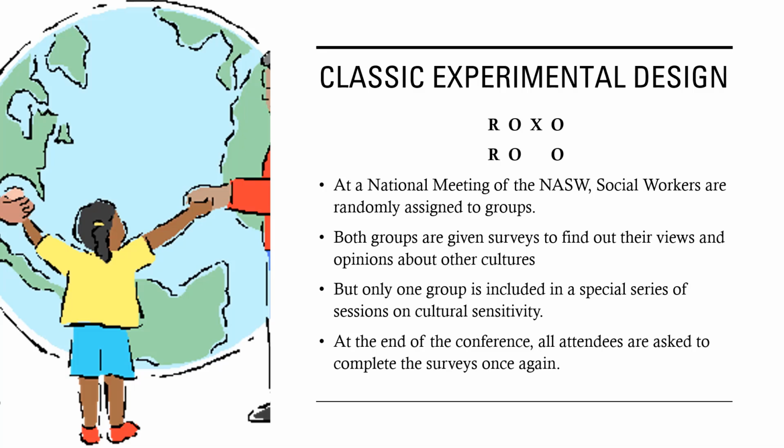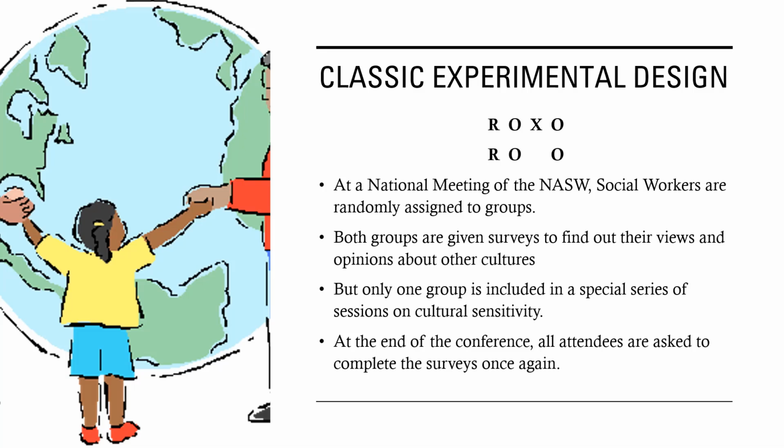What you're going to notice on this diagram here is that it looks very similar to some of the other designs we've already been talking about in its use of O's to represent pre-tests and post-tests, X's to represent interventions, but there's a new feature here, an R, and the R represents random assignment.